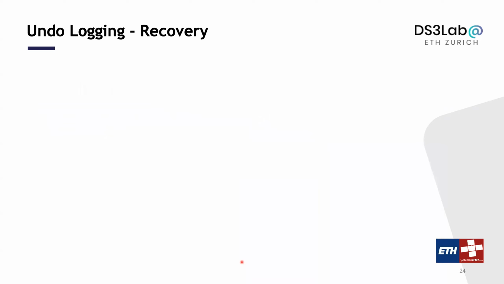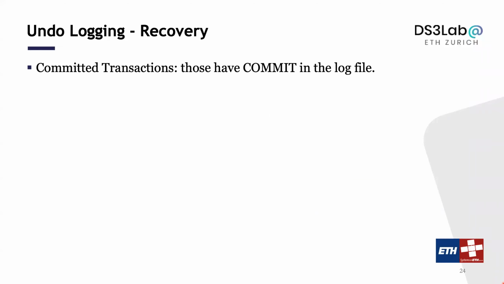It will become clear why we have those 2 conditions once you think about what if the system fails at different points. So think about that. You are doing undo logging, and then the system crashes at some point, and then you reopen your database. You look at the log.